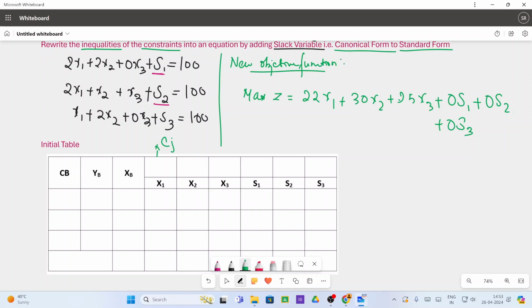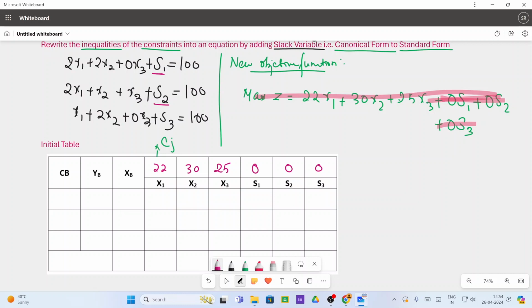In the Cj values, you have to write the values from your objective function: 22 for x1, 30 for x2 and 25 for x3, and the s1, s2 and s3 values are all 0.